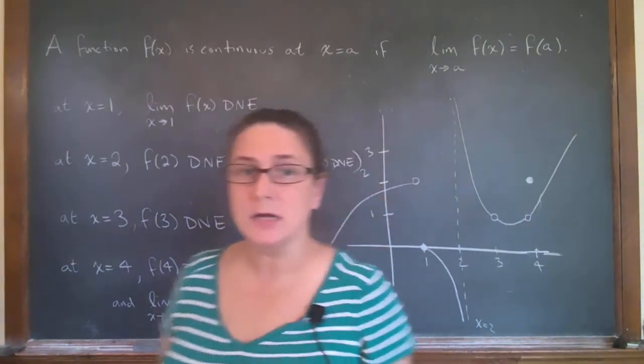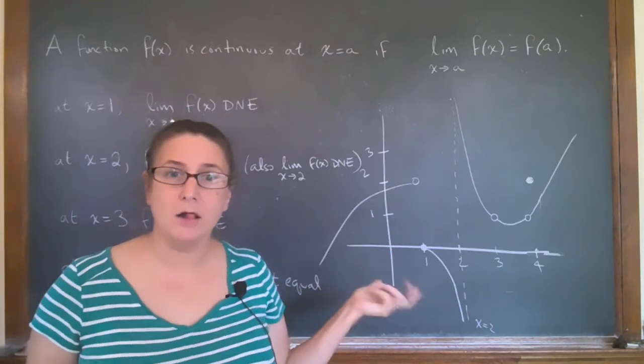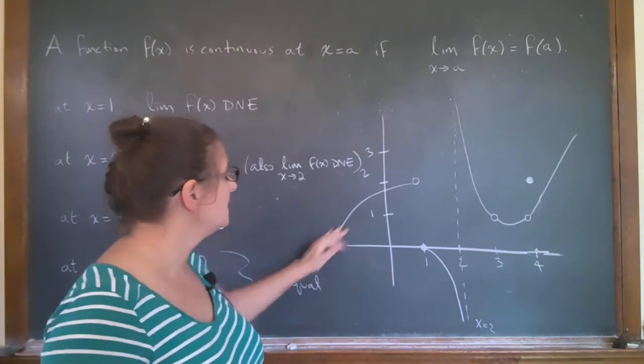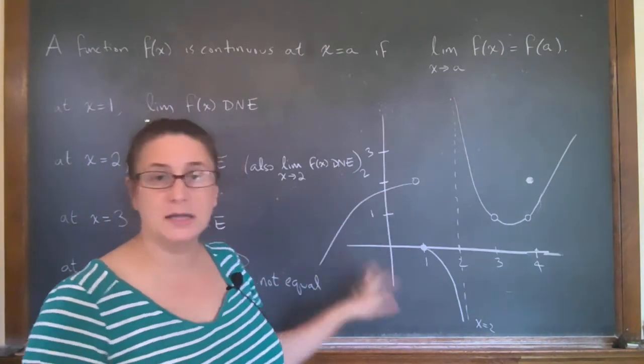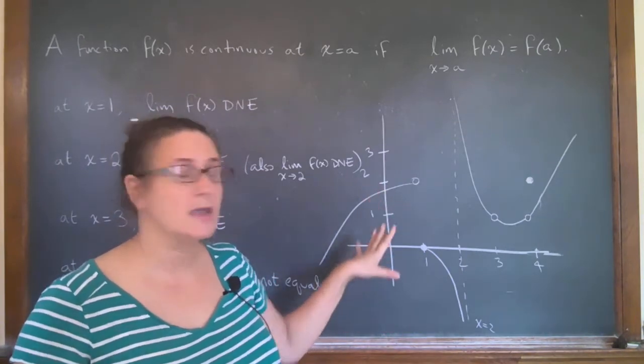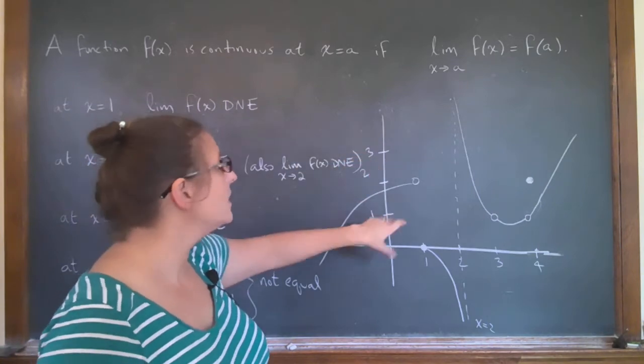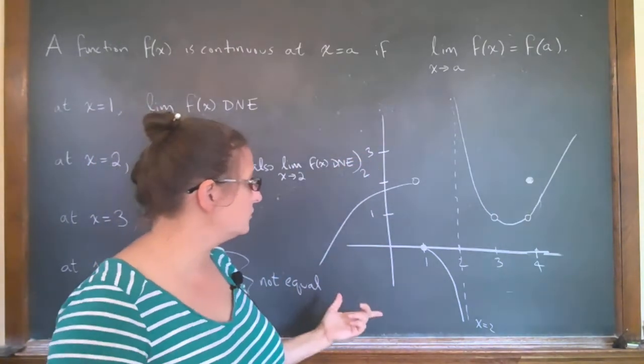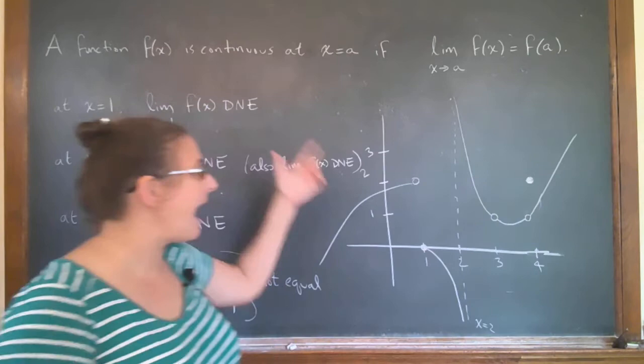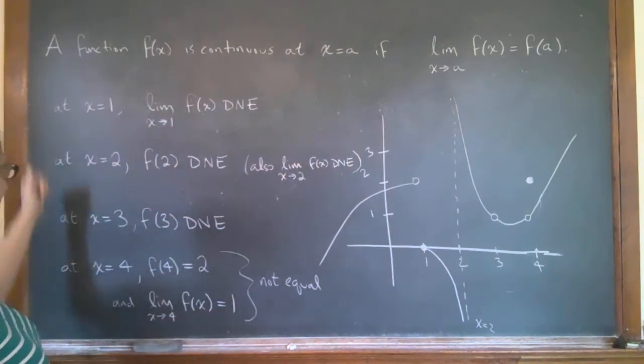But you can see everywhere else, at all other points, if I were to take the limit, the limit would exist and it would equal the function value. So this function that I drew is continuous at all the points except for these 4.